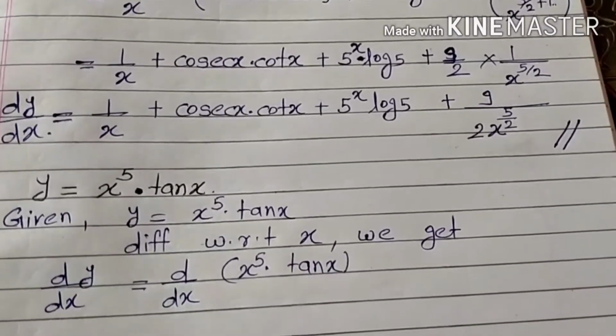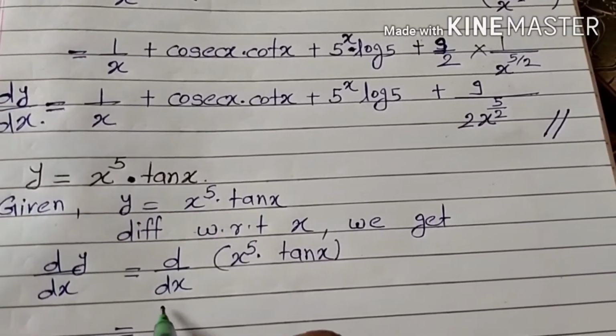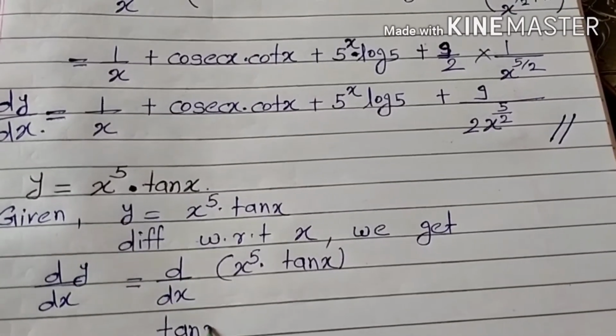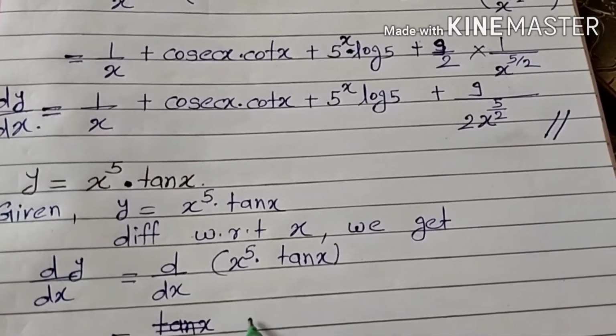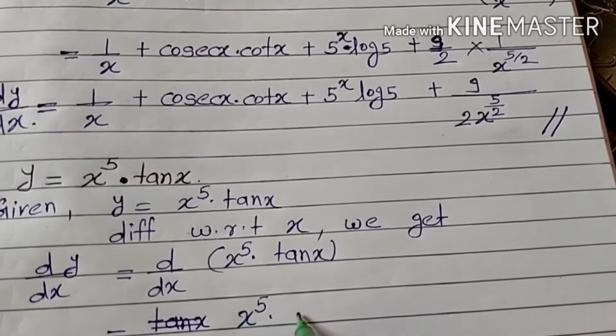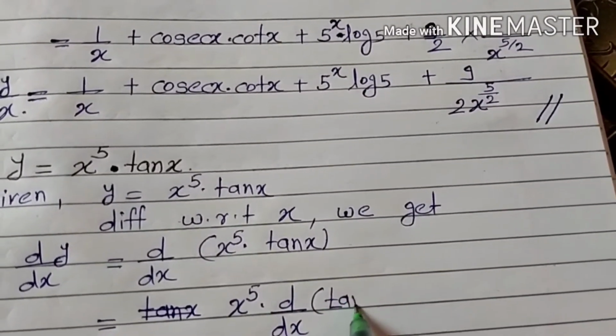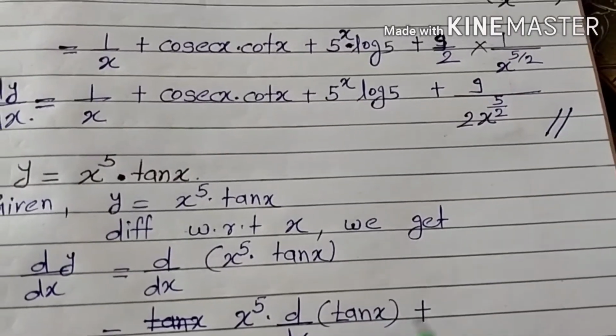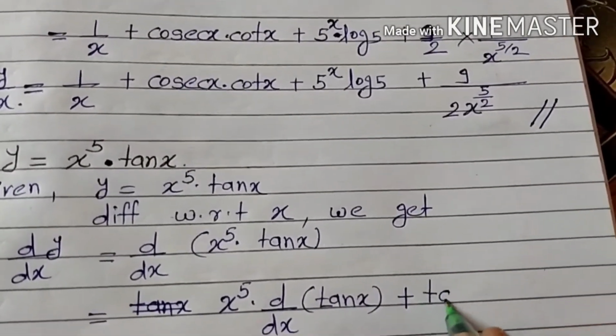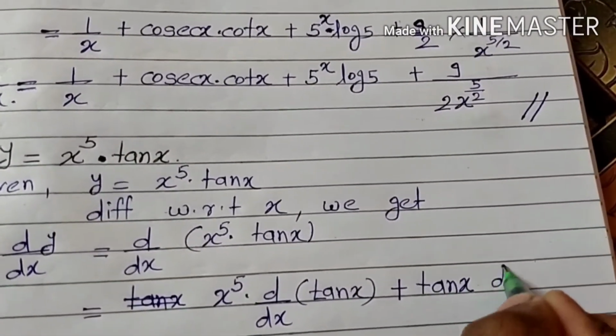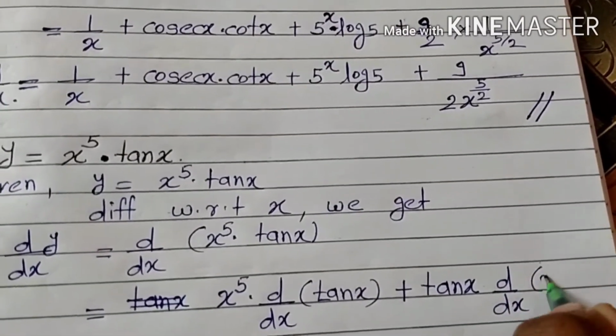So by using product rule, first function as it is, derivative of second plus second function as it is and derivative of first.